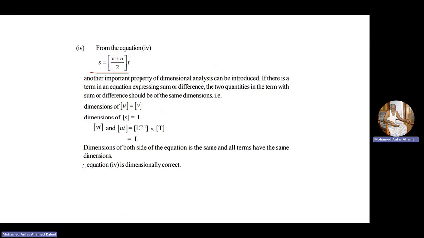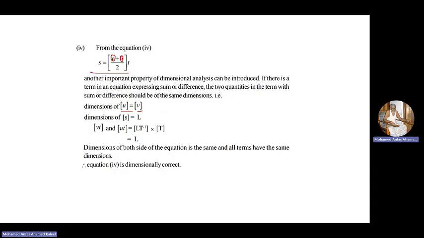If there is a term in an equation expressing a sum or difference of two quantities, the quantities in the sum or difference should have the same dimensions, that is, the dimensions of U and V should be equal.